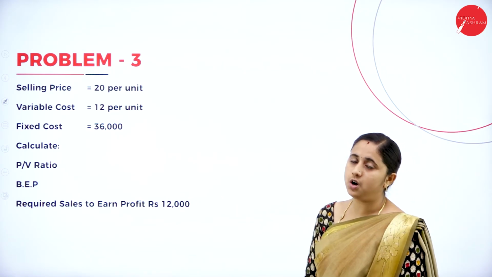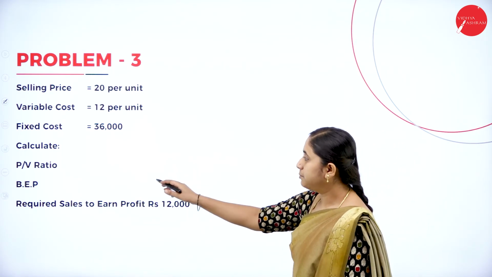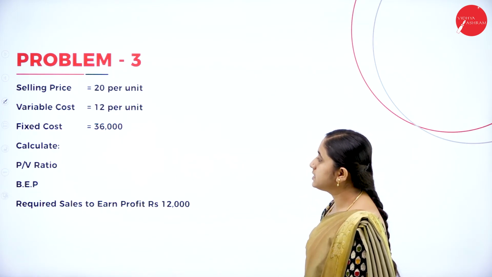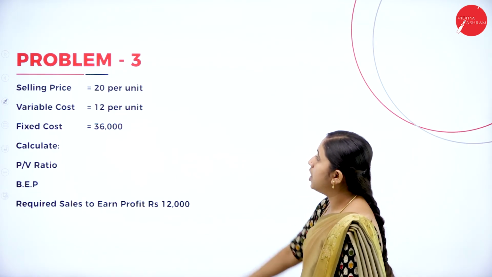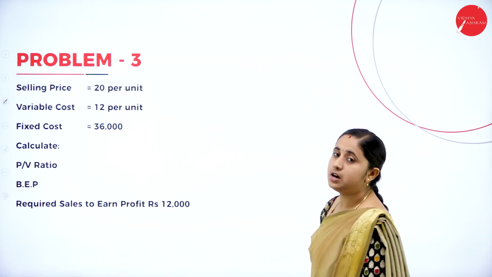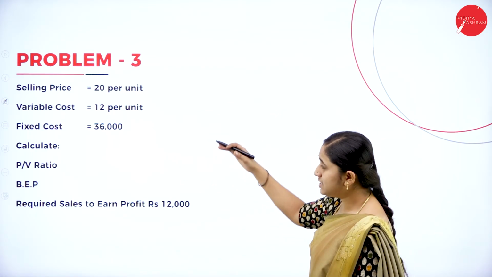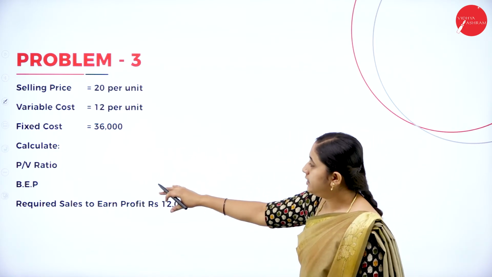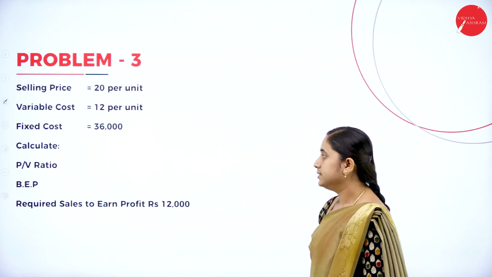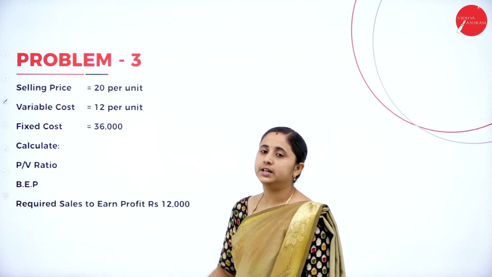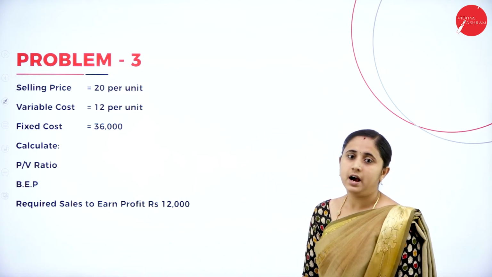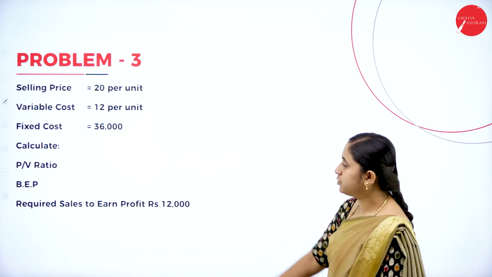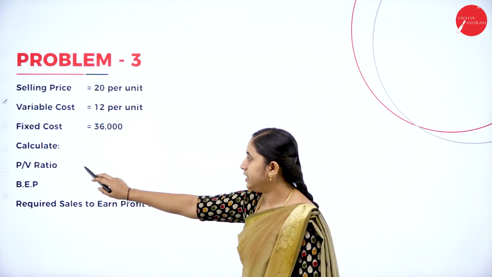PV ratio is equal to contribution divided by sales into 100. First, you need to calculate contribution. After getting the contribution, you can calculate PV ratio. Then BEP, break-even point in units as well as in amount. BEP in rupees is equal to fixed cost divided by PV ratio.